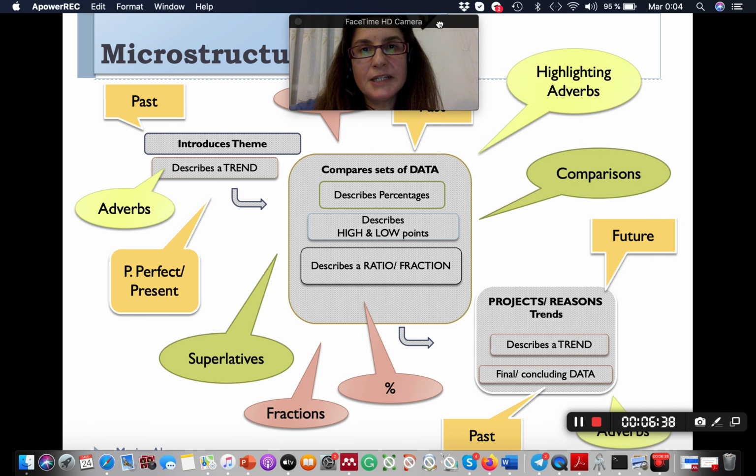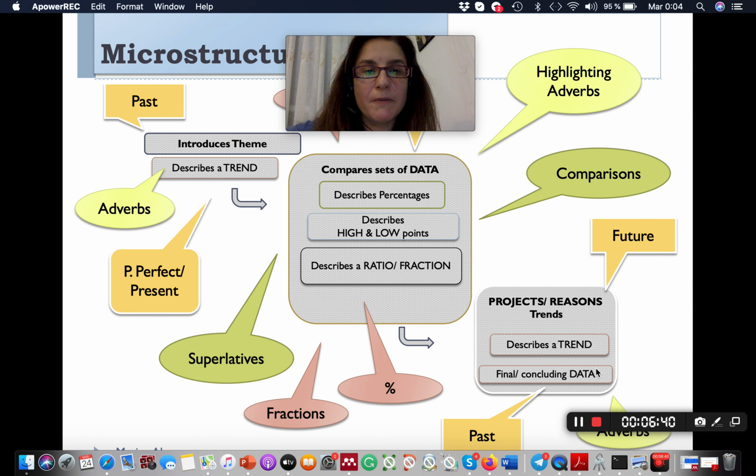Then finally we get to the last part of our paragraph, that could be the closing, the thesis statement. And then we go back to the past again if we are going to summarize some of the data and highlight the final, conclusive point of the paragraph.